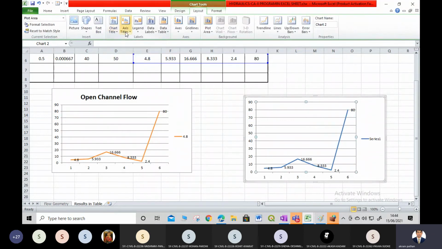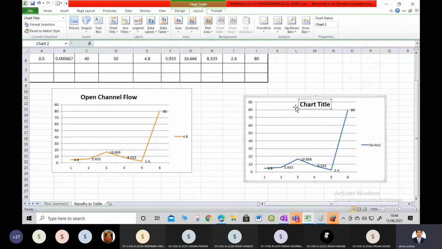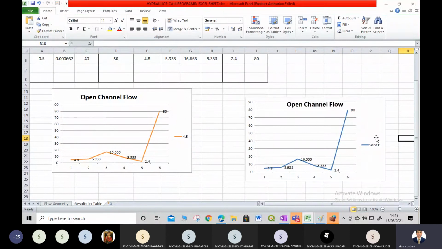So here we have the axis title or the chart title. Go to the chart title above the chart. So here we have the chart title. So I am going to copy this one, and I am pasting that title. So this is how we can show open channel flow, and these are the parameters we will get.